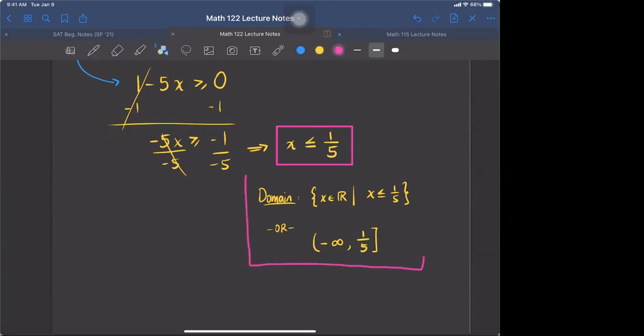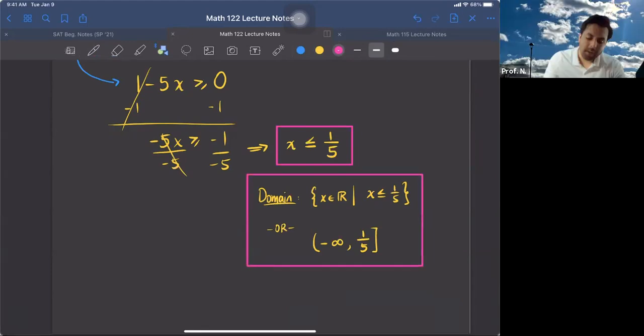Why is it not greater than or equal to, again? Because we do a little step here. We divide the inequality by a negative number.